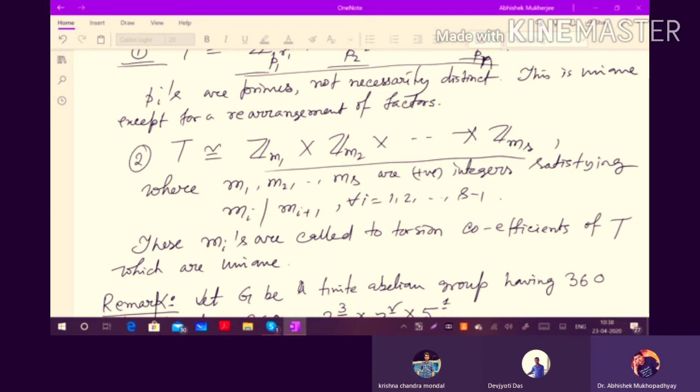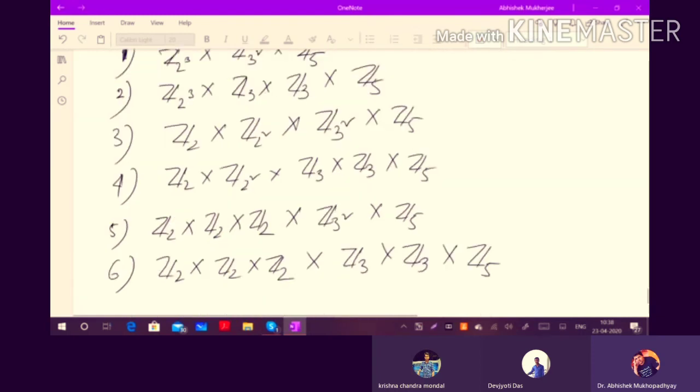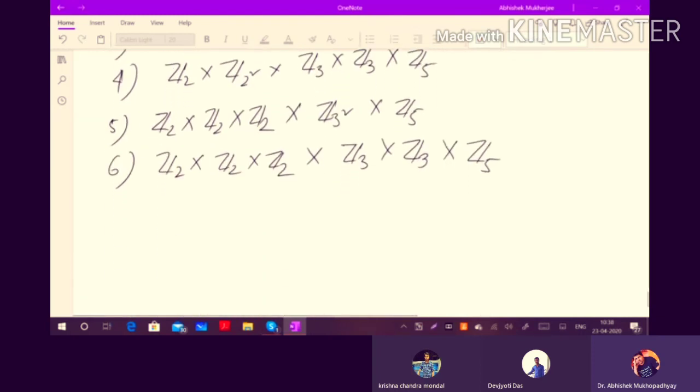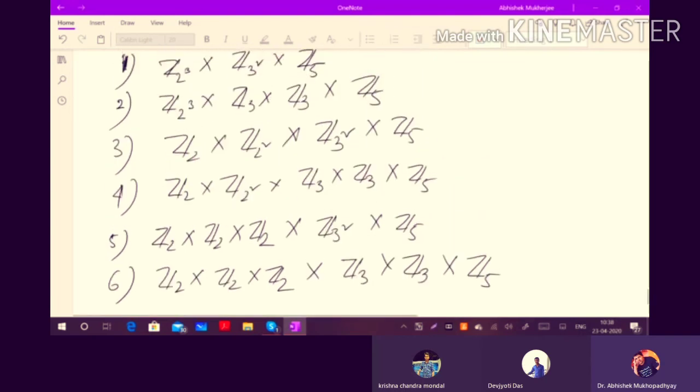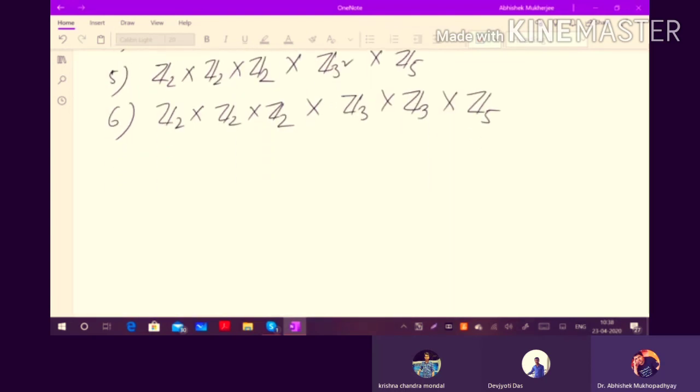So we can use this property to get the representations, for example, for this representation 6.